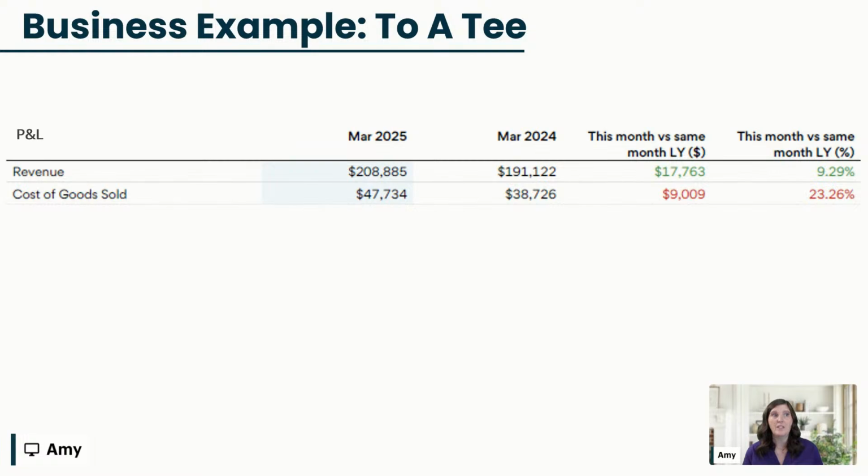So if we saw that 9.3% duplicated down on the cost of goods sold line, that would make sense. But we're not. We're seeing 23%. So that means that the difference between those numbers, what is that, 12%? That's not right.